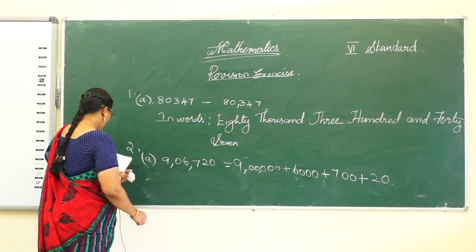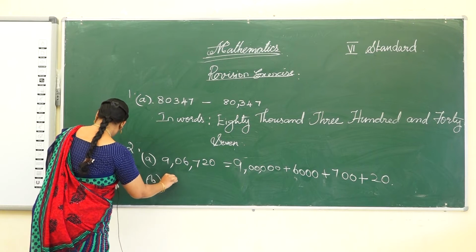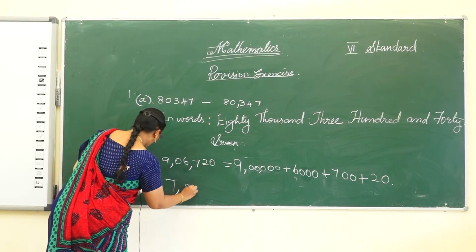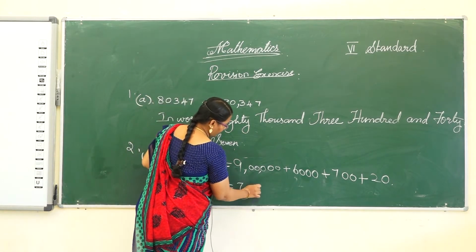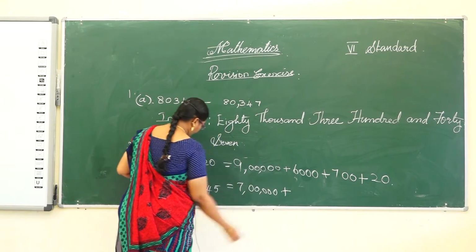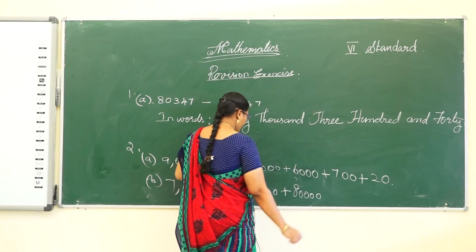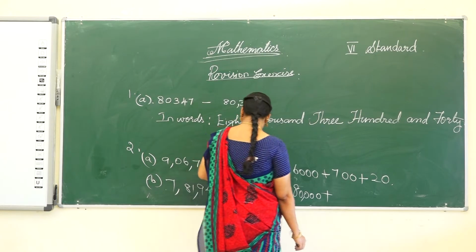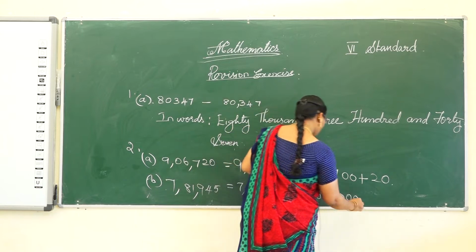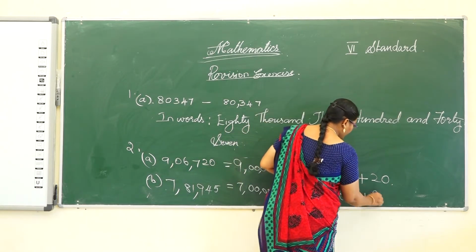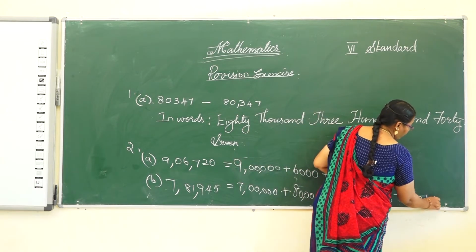Okay, and next B, 7,81,945. So 7,00,000 plus 80,000 plus 1,000 plus 900 plus 40 plus 5.